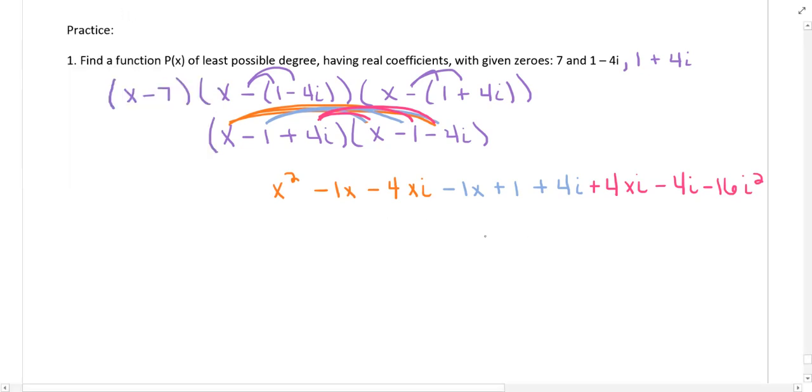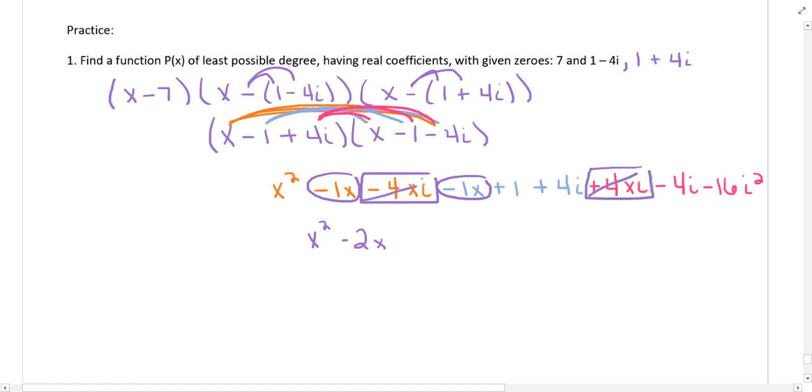Okay, so now let's combine what we've got here. So you've got x squared by itself. You have a negative 1x and a negative 1x. It's your only x term, so that's a negative 2x. You have a negative 4xi and a positive 4xi. So these are going to cancel each other out. You have, let's see, a positive 4i and a negative 4i.